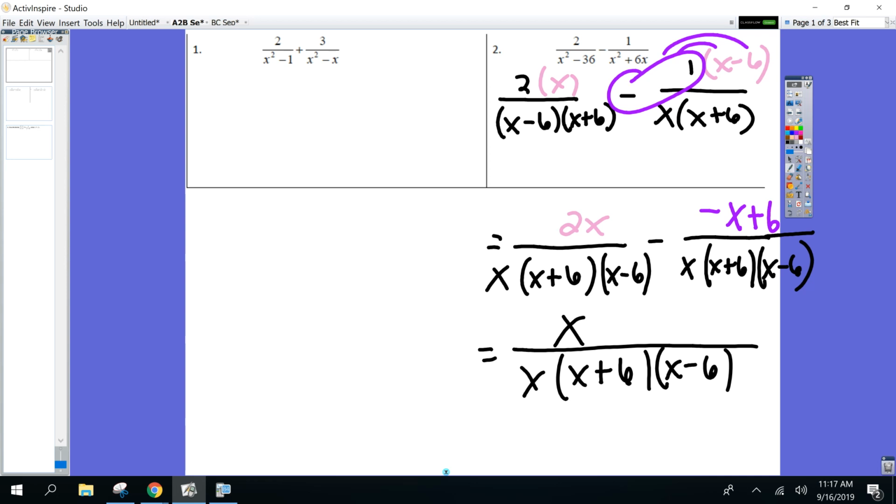So if you wanted, you could make it into a plus. But remember, we just took care of that negative sign up here, so I'm not going to use it again. I'm just going to go 2x minus x, which gives me x, and then what's still left over? Plus 6. So you can turn that into a positive if you want, because we already took care of it, since all I'm doing is combining the two.